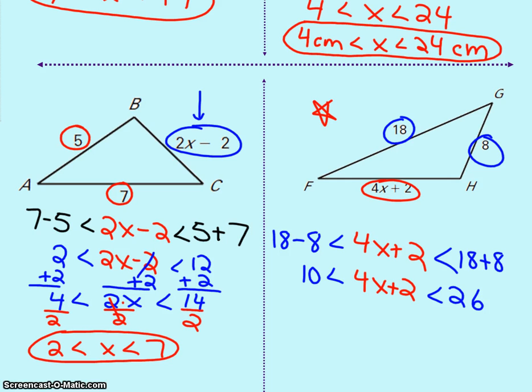Okay, so now the expression has to be between 10 and 26. That third side, 4x plus 2, is between 10 and 26.